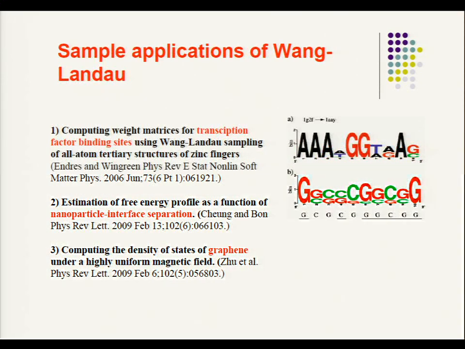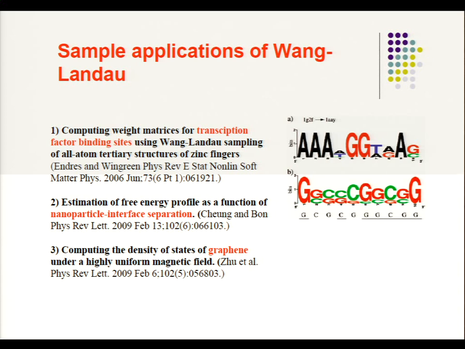The conception of Wang-Landau began originally with Wang and Landau's Ising model. There was interest in applications, where it was used to do transcription factor binding, and they did use X-ray structures.